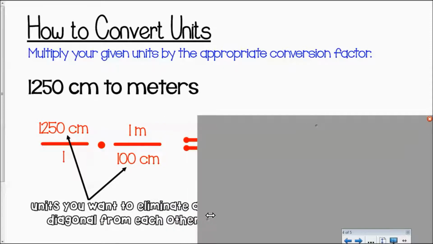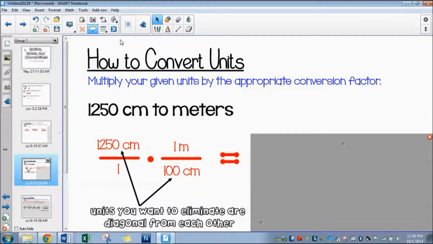Now what I want you to see there with these arrows is notice that I have centimeters diagonal from each other. The units that I want to eliminate, which is centimeters, that's what I'm getting rid of. I want to change it to meters. They are diagonal from each other. So if you think back to multiplying fractions, if you were to multiply, that would cancel out. Centimeters cancels with centimeters.